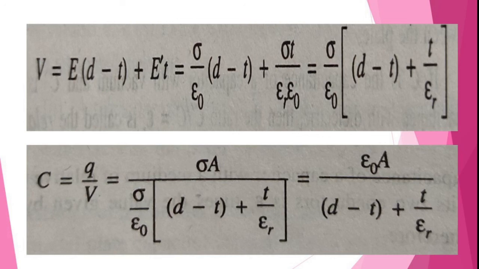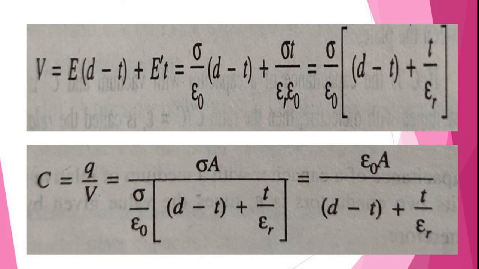So E into d minus t, plus E dash, that is the electric field in the dielectric slab, into the thickness of the slab, that is t. Now substituting E as sigma by epsilon 0 and E dash as sigma by epsilon 0 epsilon r, and taking the common term, you will get V as sigma by epsilon 0 into d minus t plus t by epsilon r. So that is the expression for V.